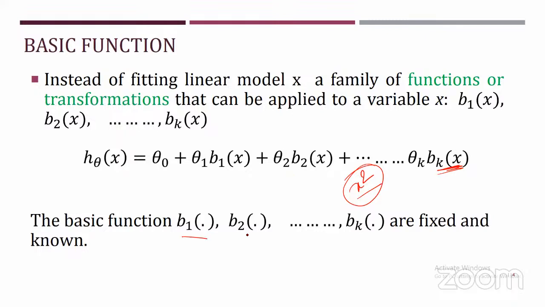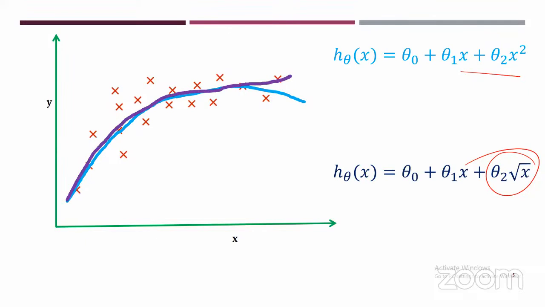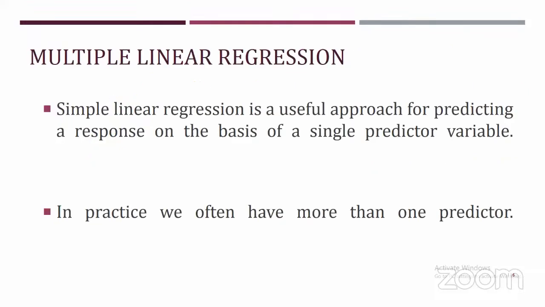So this b1, b2 represents different kinds of functions which you could include in your model in order to extract the information present in the data. These could be the same or different also. Like in this case, instead of modeling in terms of a square, it has been modeled in a different way. Okay, so this is your polynomial regression. So let's see how we can implement this polynomial regression.